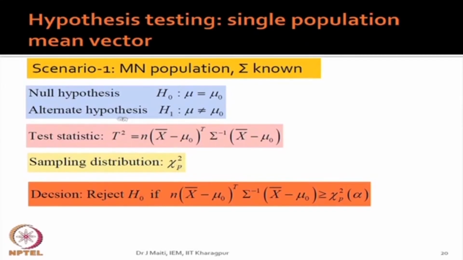So, if you change your null hypothesis to something like mu less than mu 0, then you will not get the appropriate distribution because it is not developed. Maybe developed, we do not know. But what we know here is that our null hypothesis is mu equal to mu 0, then only this quantity T square is chi square distributed, where T square is this, where sigma inverse is there. So, please do not change your null hypothesis.